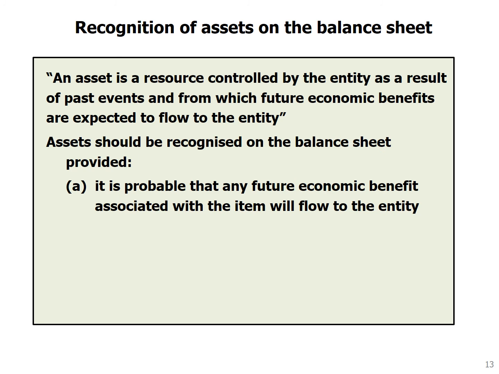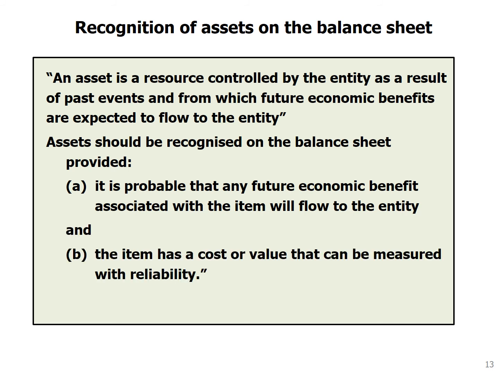Assets should be recognised on the balance sheet provided A, it is probable that any future economic benefit associated with the item will flow to the entity, and B, the item has a cost or value that can be measured with reliability. This latter condition leads to one of financial accounting's most important limitations. The statement of financial position excludes assets that will clearly give rise to a future benefit, but whose cost or value cannot be measured with reliability.